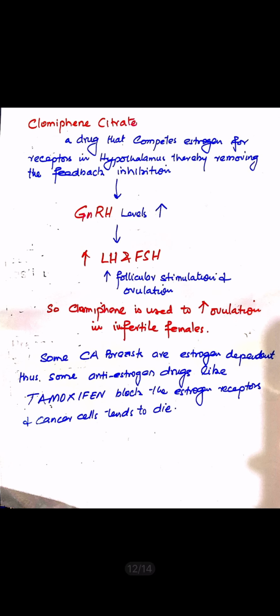Then there are more chances of pregnancy as ovulation is increased. Some breast carcinomas are also estrogen dependent, they live on estrogen. Then you have to give anti-estrogen drugs like tamoxifen, which block the estrogen receptors, and then cancer cells tend to die.